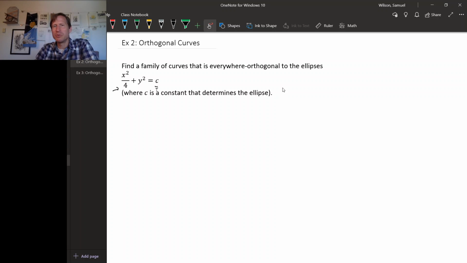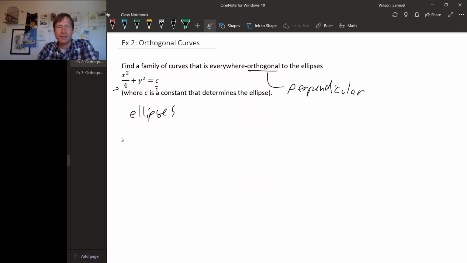So to solve this problem, what we need to do is figure out some way of characterizing an orthogonal curve. Orthogonal is just a fancy word for perpendicular. The key thing about perpendicular curves is we can characterize being perpendicular in terms of the slope of the curves, because perpendicular curves have negative reciprocal slopes.